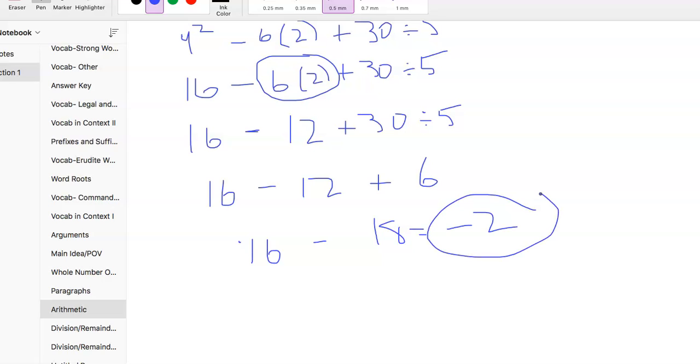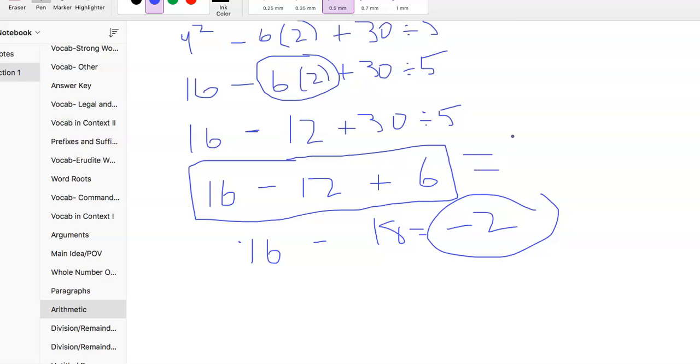And so you can see you need to follow the order. If we'd done everything right until this very last step, but if I had gone 16 minus 12, which equals 4, plus 6, I would have gotten the answer of 10. And pretty good chance that will be an answer choice on the test. So you got to remember all the way down to the bottom. Keep following PEMDAS and you'll be fine. The math part is really not hard at all, right?